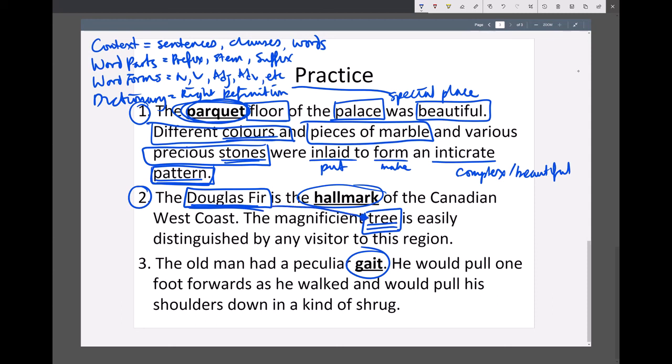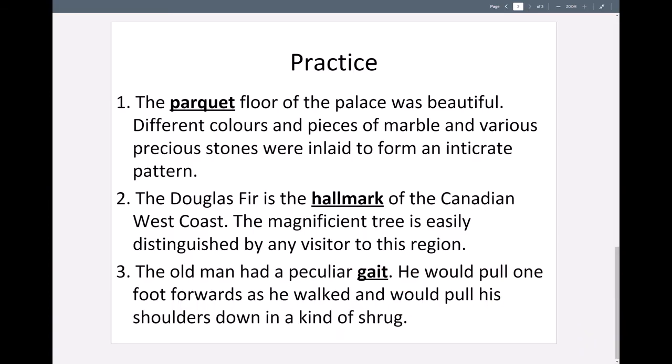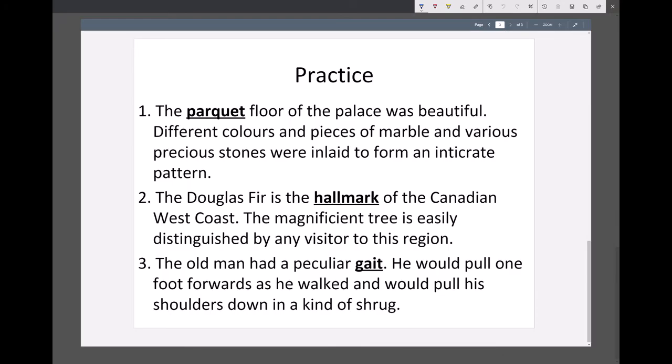It's a magnificent tree. And here, hallmark. We can see what this is. What parts of this passage can we find the meaning of hallmark? Hallmark of the Canadian West Coast. Douglas fir is a tree, a magnificent tree. Hallmark of the Canadian West Coast. Okay.